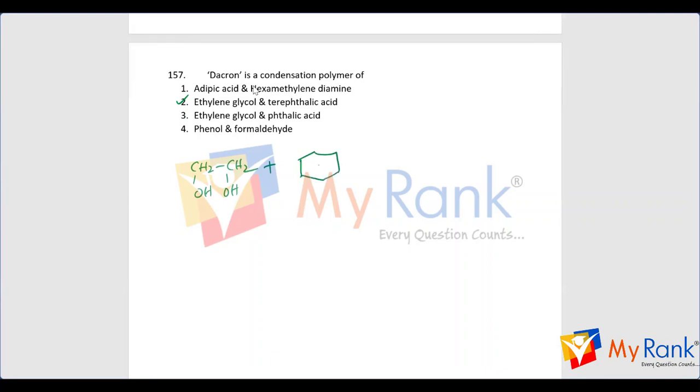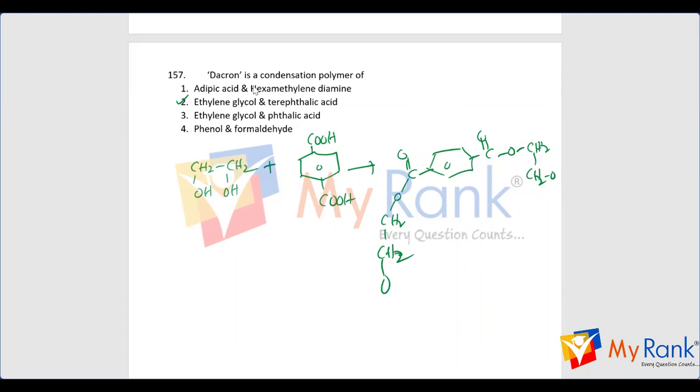Phthalic acid is 1,2-dicarboxylic acid. Terephthalic acid is 1,4-dicarboxylic acid. During the polymerization reaction, this is C double bond O, O, CH2, CH2, O, and here also C double bond O and O, CH2, CH2, and the polymerization takes place.